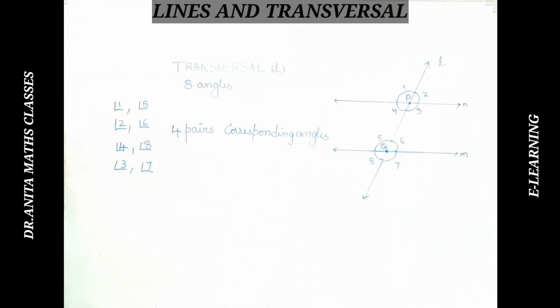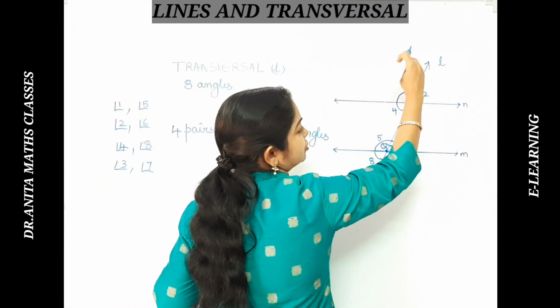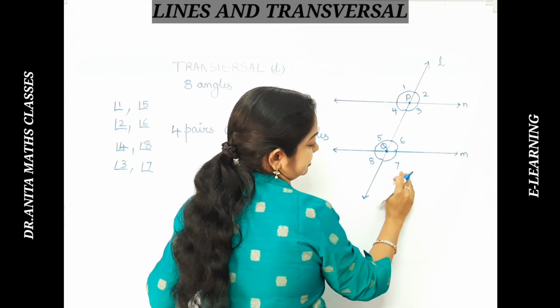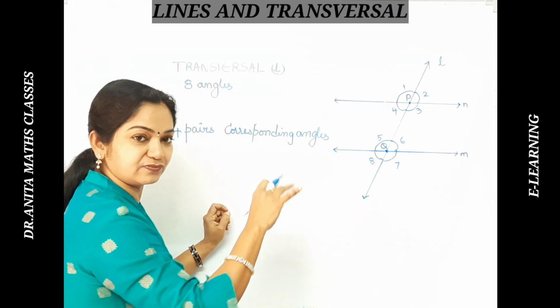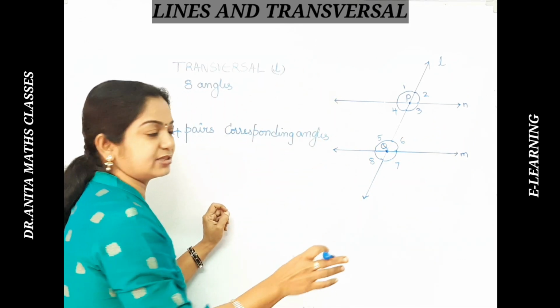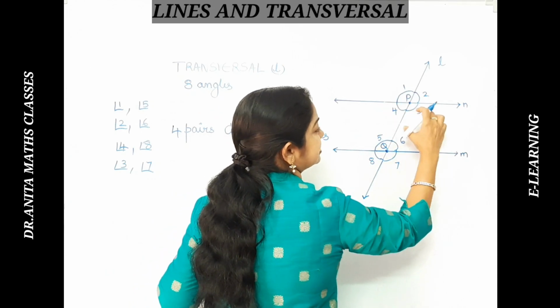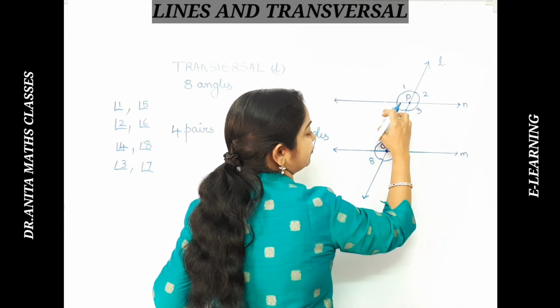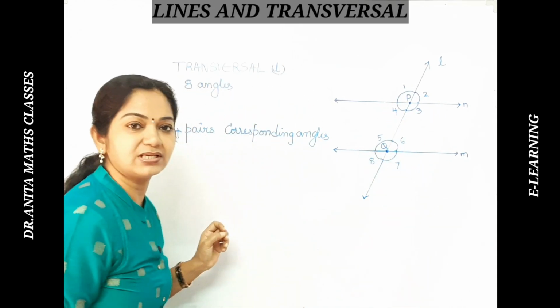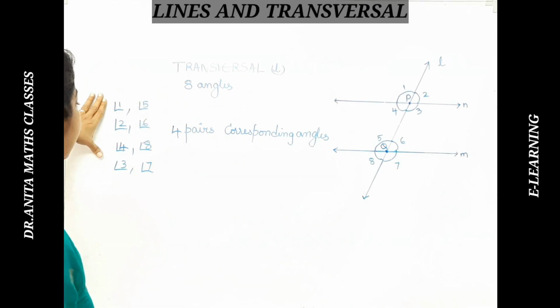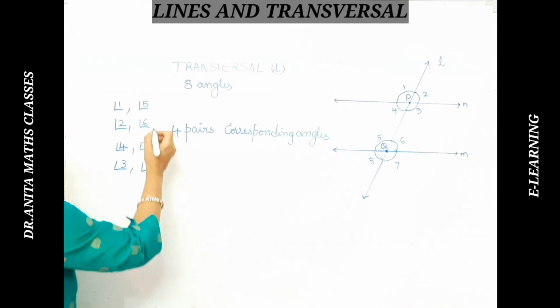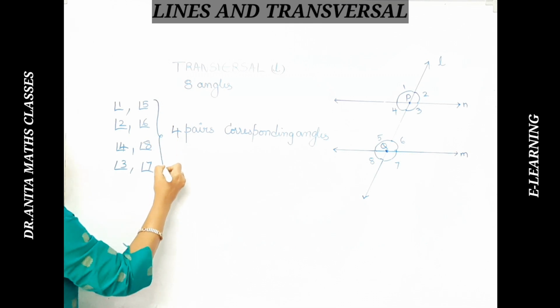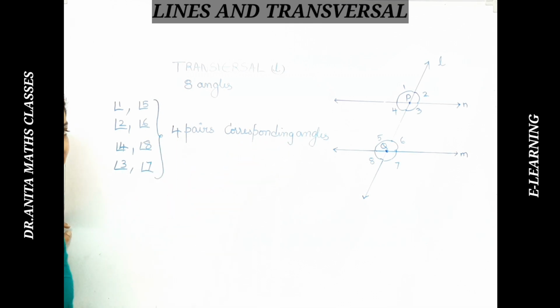Just by seeing all 8 angles, we can also say that angles 1, 2, 7, 8, these 4, are exterior angles, which are outside, and the inside angles, the interior angles, are 3, 4, 5, 6. But these 4 pairs of angles are called corresponding angles.